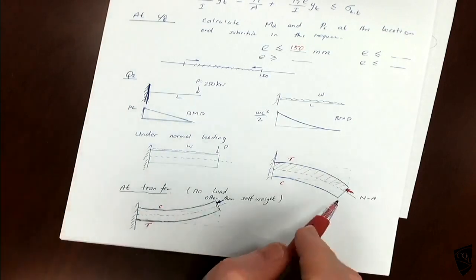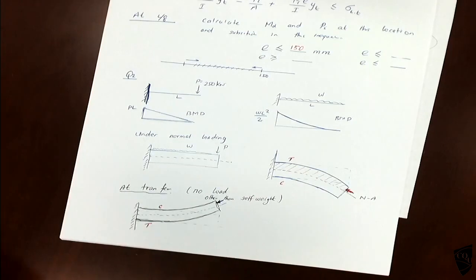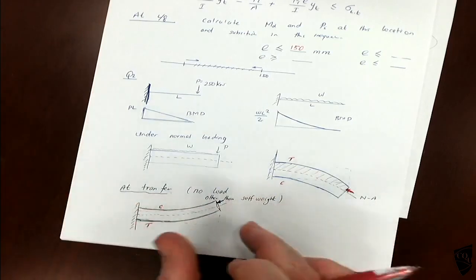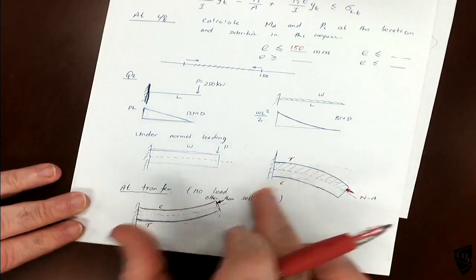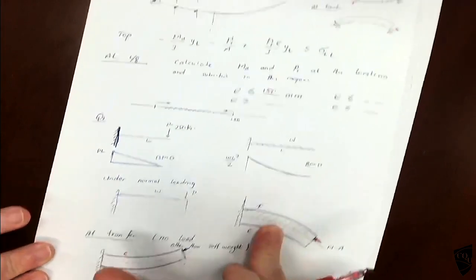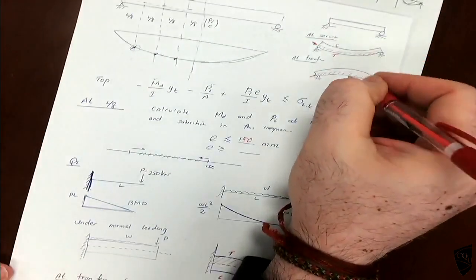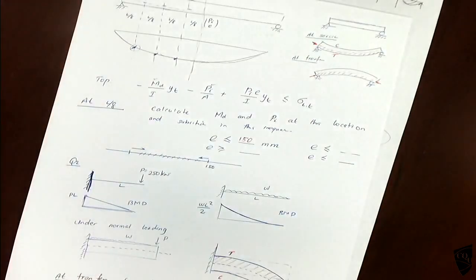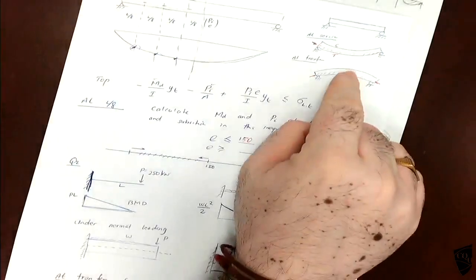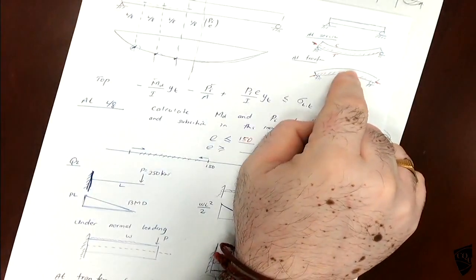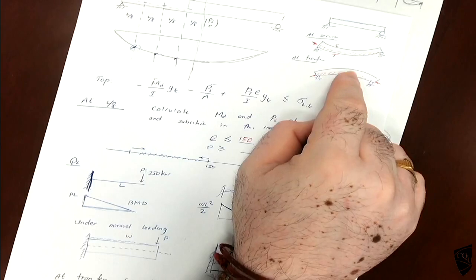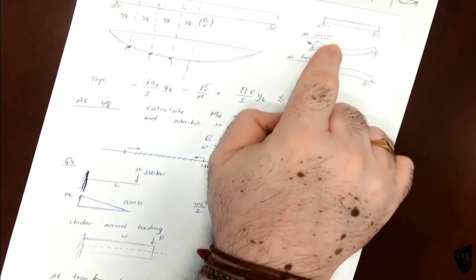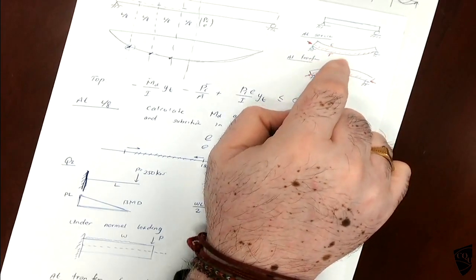So if you have something like this, it will bend in the opposite direction. So this one and this one will be opposite to each other. It is not always the case that transfer goes like this. It depends on how the beam bends under normal loading.